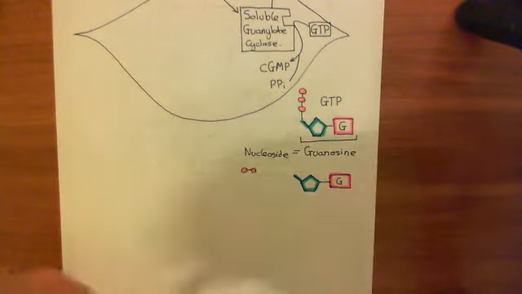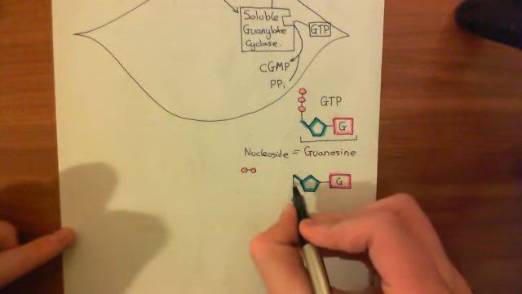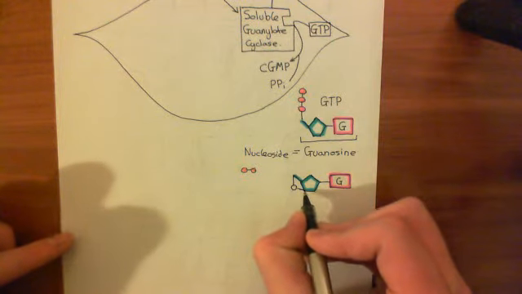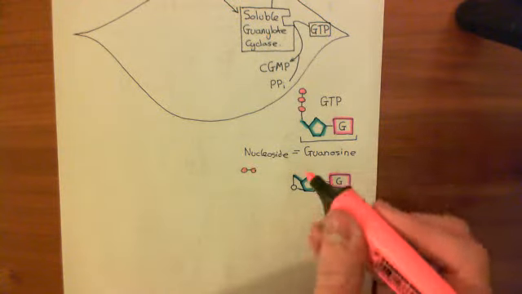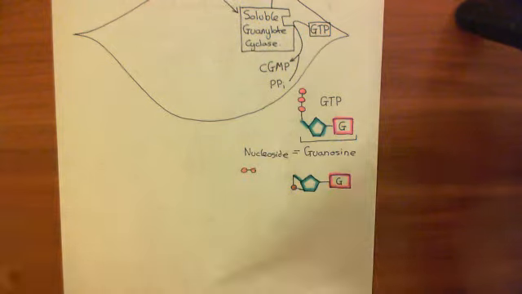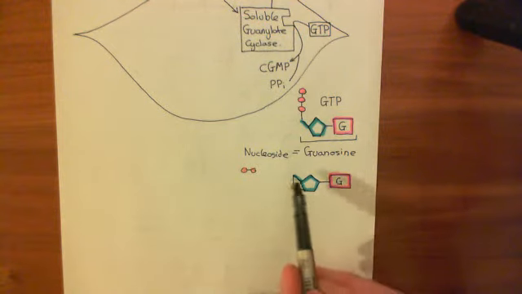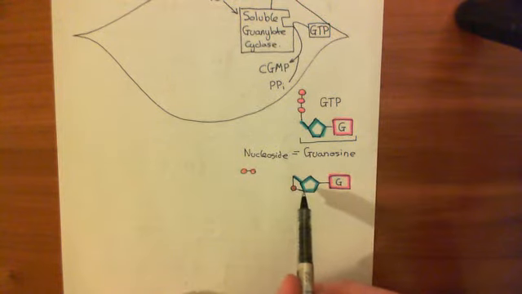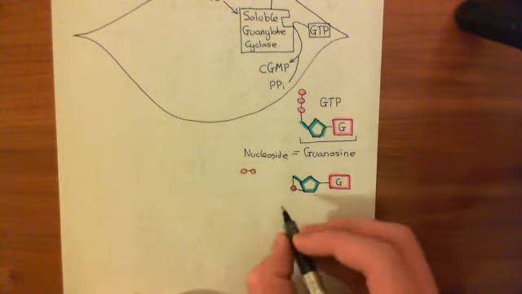Then finally, the final phosphate now gets linked to this 3rd carbon of the ribose sugar down here. So that is why it's called cyclic guanosine monophosphate. It's guanosine with a single phosphate, but it's not just a single phosphate sticking up here. It's formed this cycle, basically, because it's linked to the 3rd carbon.